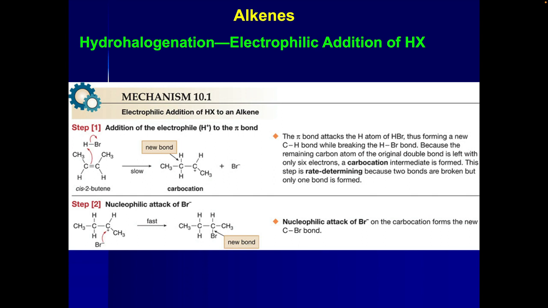Now I've got to look at the geometry around this, right? The conformations and configurations around this carbon and this carbon. Notice the groups are different on each carbon. Oh, it's Z. It can be Z-2-butene, or we can also call it what other name?